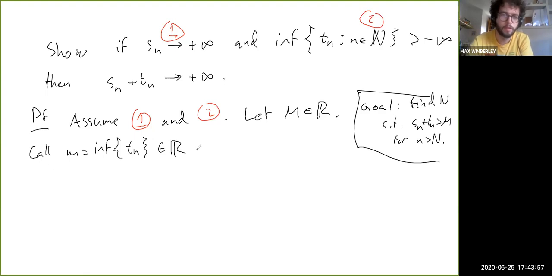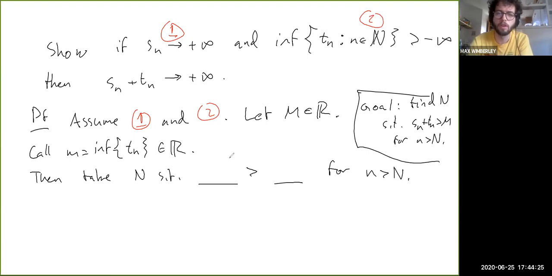Then I'll write out what we want to do. We want to take N such that blank is greater than blank for n greater than N. Okay, so what do you think should go in these blanks?